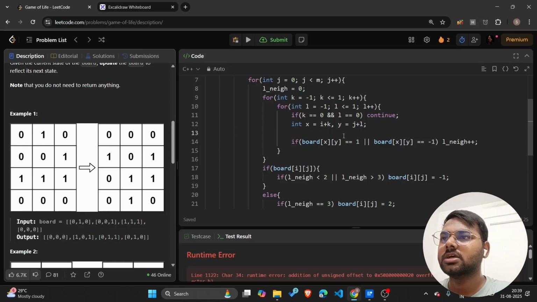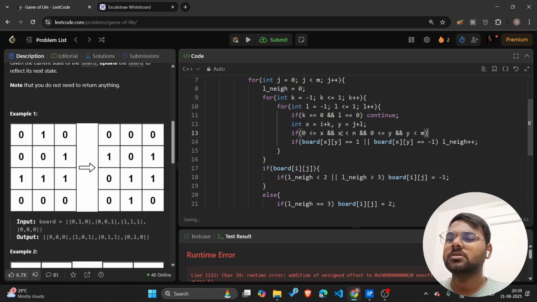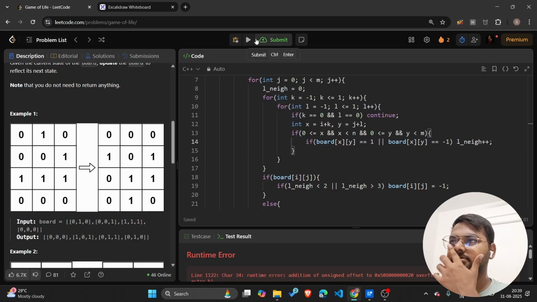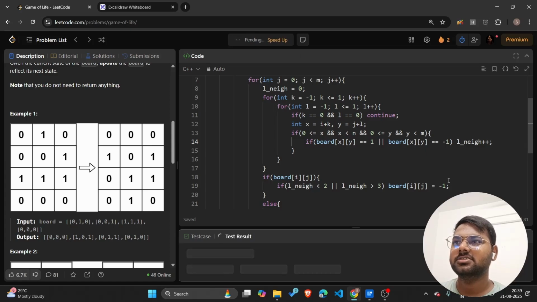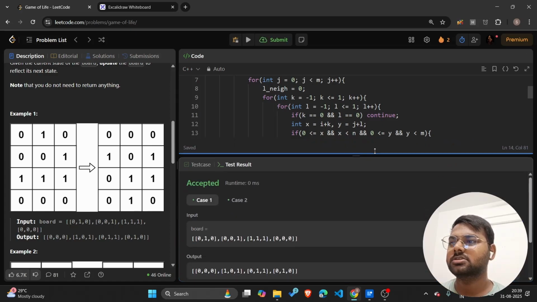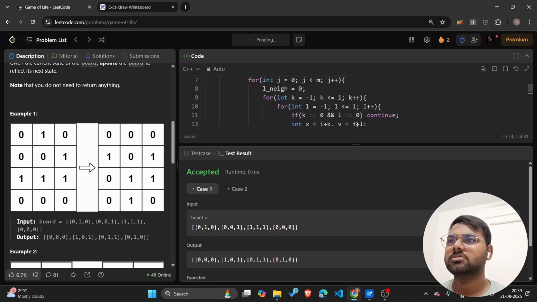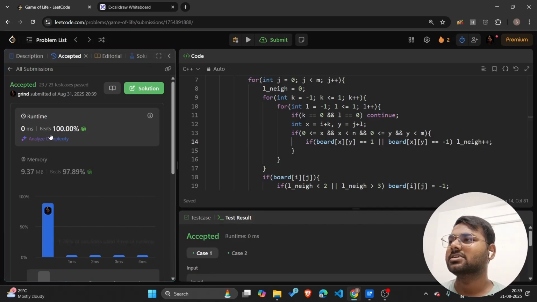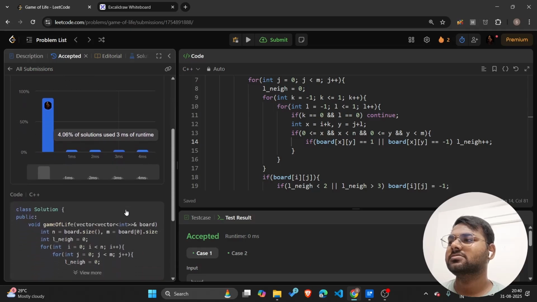So for that we have to write a check here, and the same way for the y. Yeah, I think now it should be correct. As you can see, test cases are pretty much done. It's submitted with 100% beat.